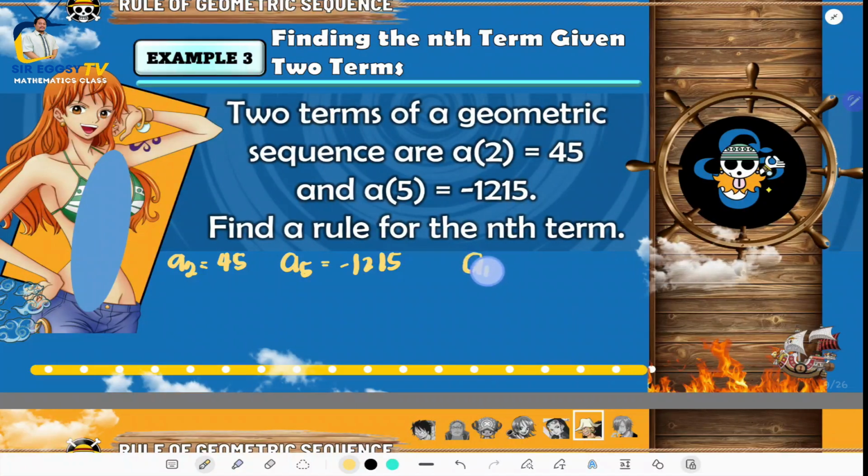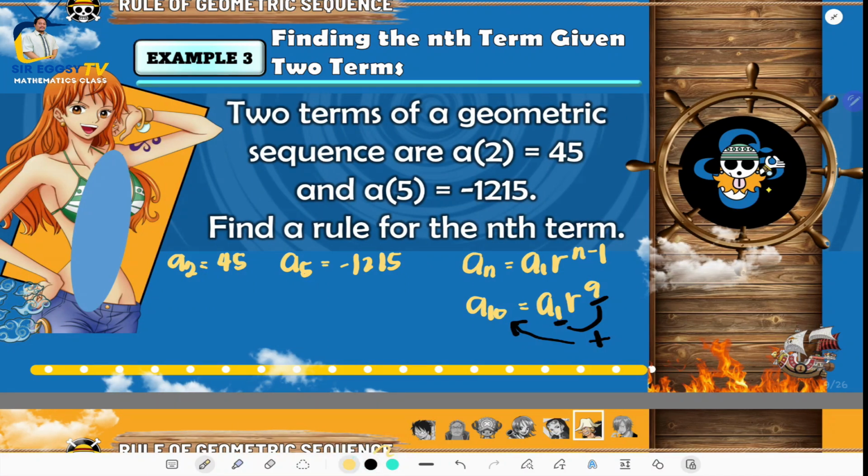In this case, class, if we're going to look at the pattern, a sub n is equal to a sub 1 r raised to n minus 1. So if you have a sub 10, this is actually a sub 1 r raised to 9. And if you're going to look at the pattern here, the subscript of the a sub 1 and the exponent of the common ratio, when you add, will give us the subscript of the nth term natin.